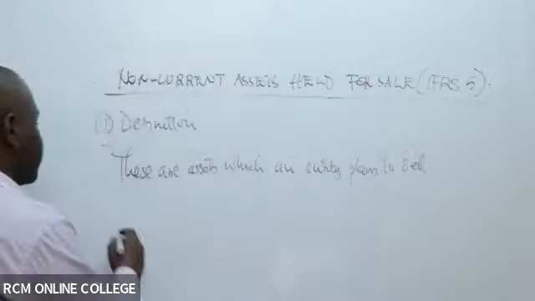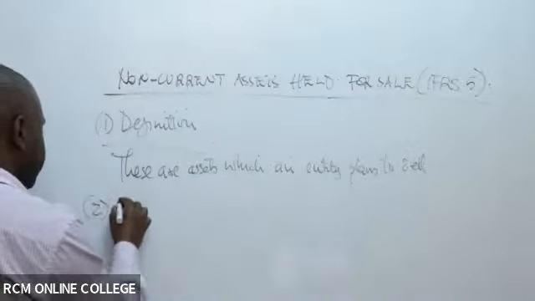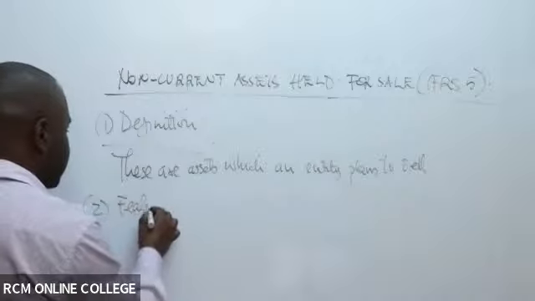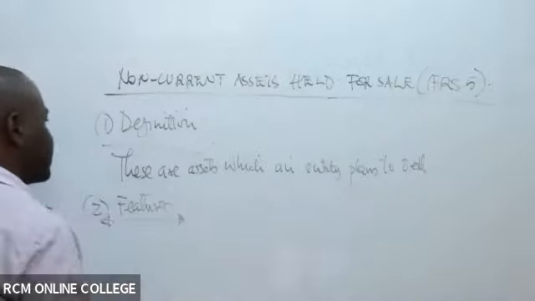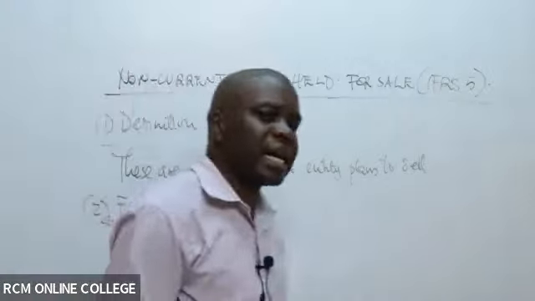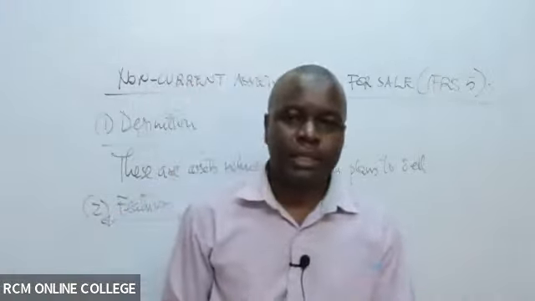So what are the features of these non-current assets held for sale? How will you know it is a non-current asset the entity is holding to sell?